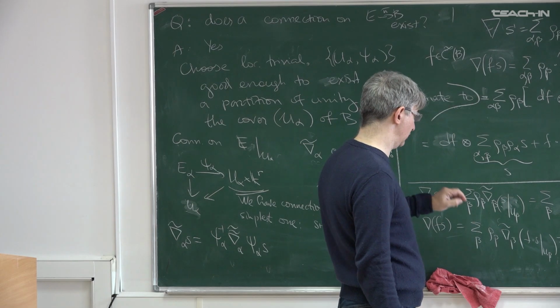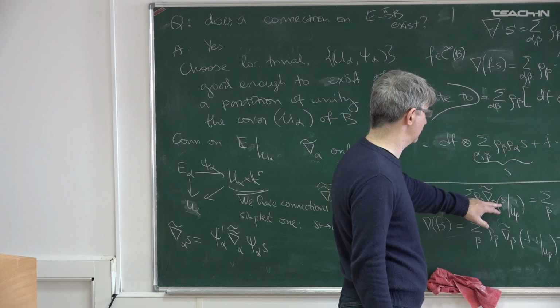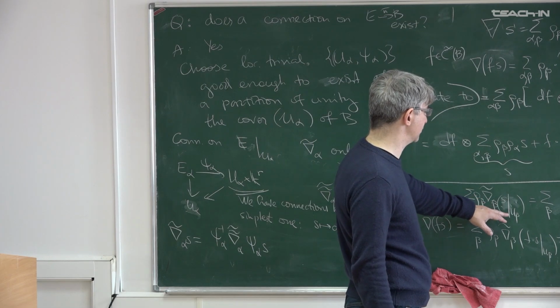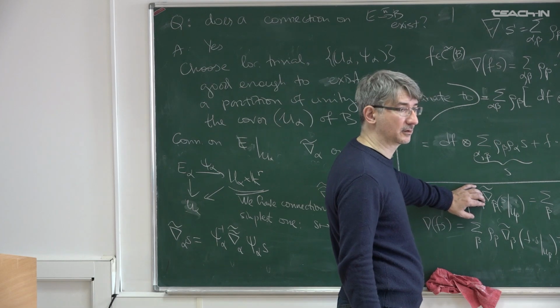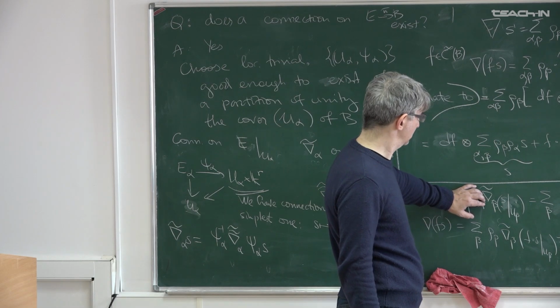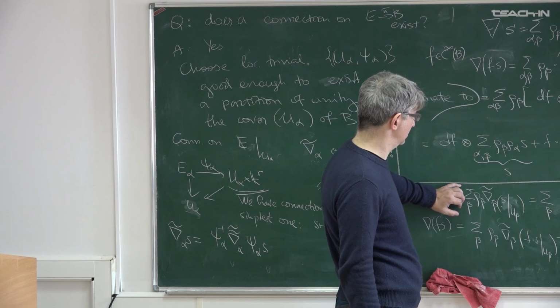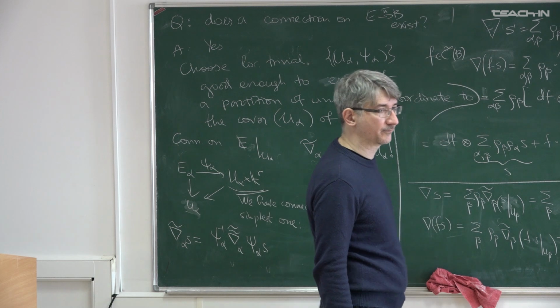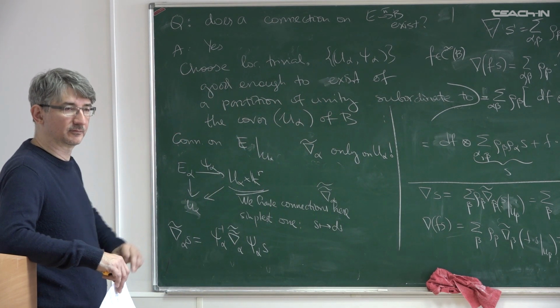No, wait a moment. Then you want to define this thing, you need to consider a restriction of sections to U beta. So this is a local object. Yes, nabla beta is local, but the sum of these things multiplied by rho beta is a global object. Yes. Okay. So we have two proofs.